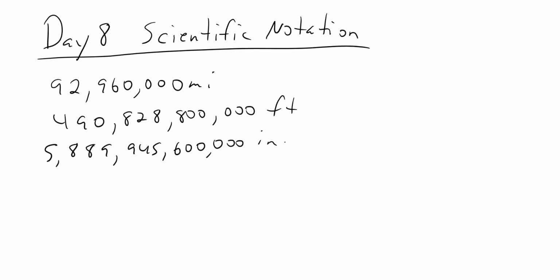We can keep going, right? The distance from the Earth to the nearest star is measured in something called a light year. It's 4.24 light years. A light year is the distance light travels going the speed of light. So if something's 4.24 light years away, that means if you travel at the speed of light for 4.24 years, you would get to that location.